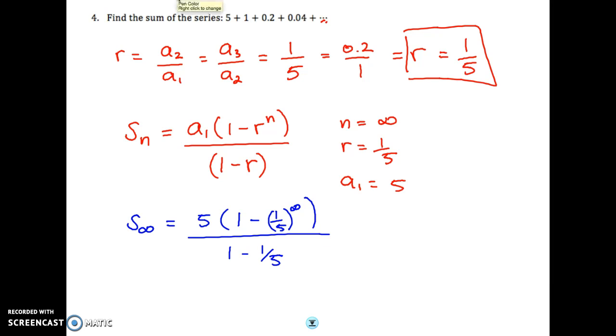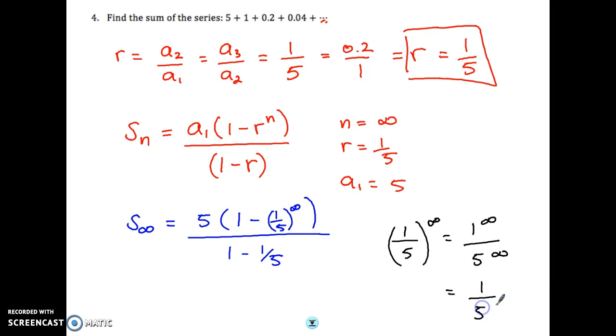infinity in. However, if you imagine taking 1/5 and multiplying it by 1/5, 1/5, 1/5, and 1/5 again and again and again, what do you anticipate happening to that result? Well, let's just take a look. If you had 1 over 5 raised to the power of infinity, that's really 1 to the power of infinity over 5 to the power of infinity. 1 to the power of anything is just 1.